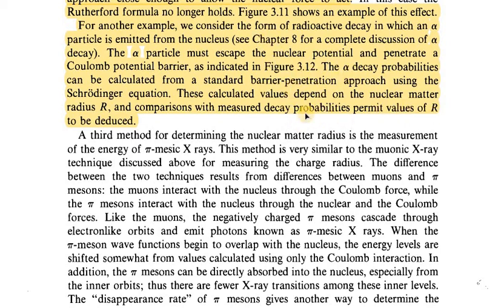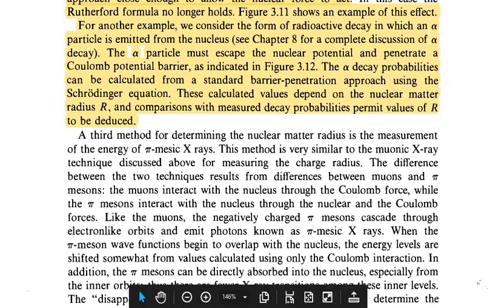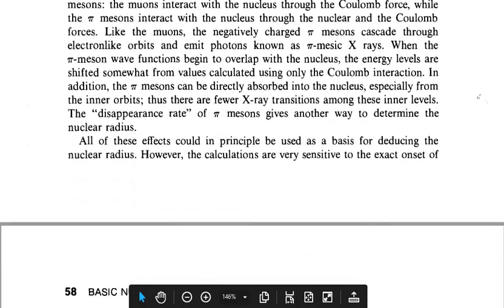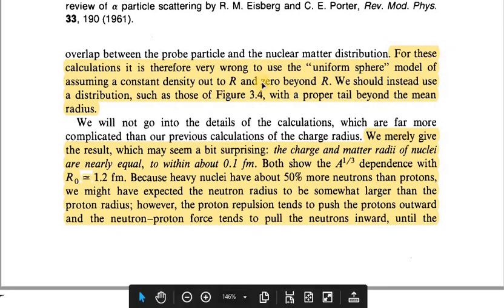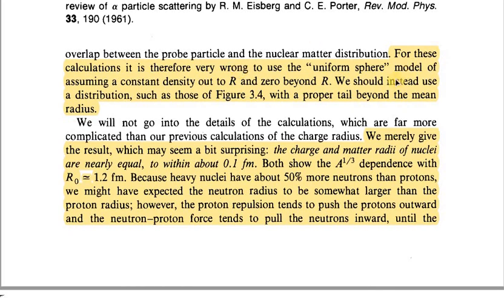Then we will find the nuclear radius r. For these calculations, it is therefore very wrong to use the uniform sphere model of assuming a constant density out to R and zero beyond R. Therefore, we use a distribution.